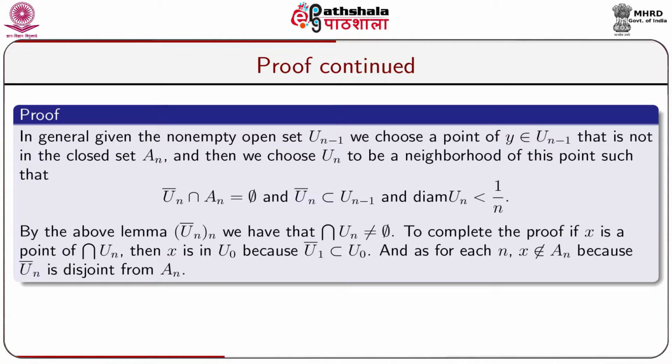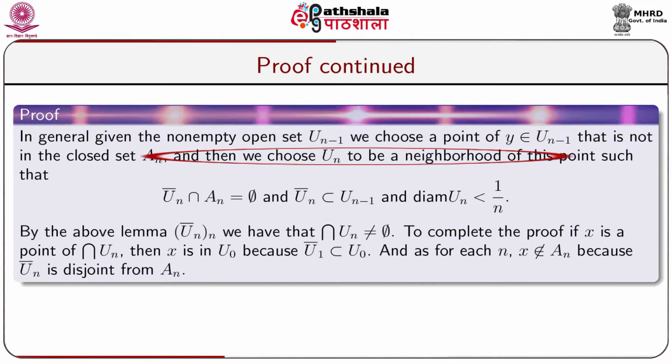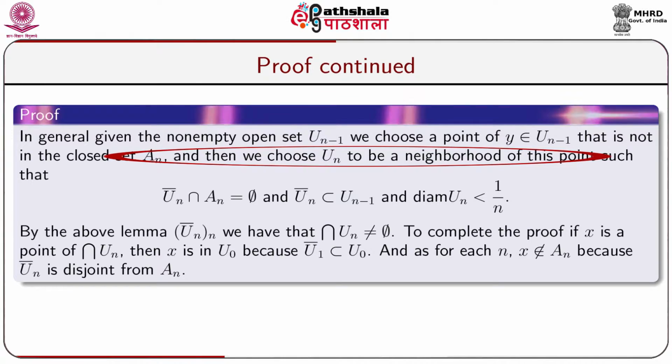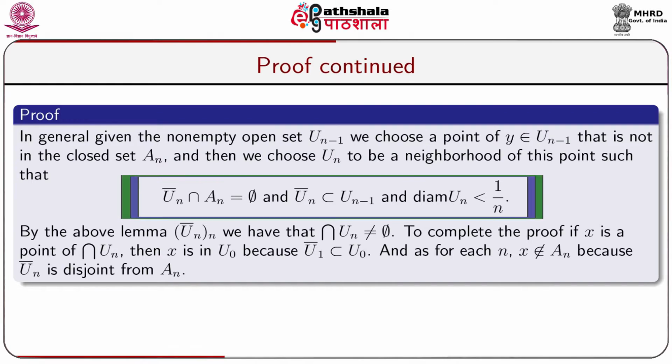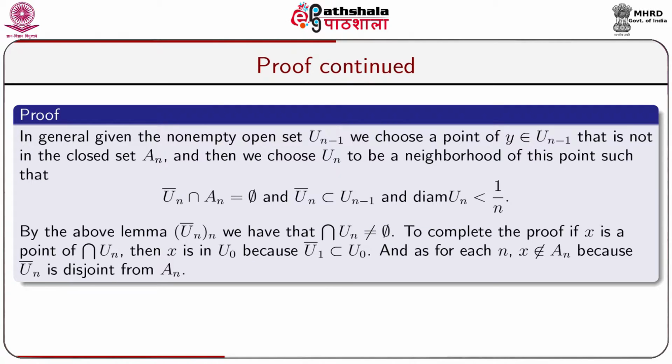In general, given the non-empty open set Un minus 1, we choose a point y in Un minus 1 that is not in the closed set An, and then we can choose Un to be a neighborhood of this point such that Un closure intersection An is empty and Un closure is contained in Un minus 1 and diameter of Un less than 1 by n.